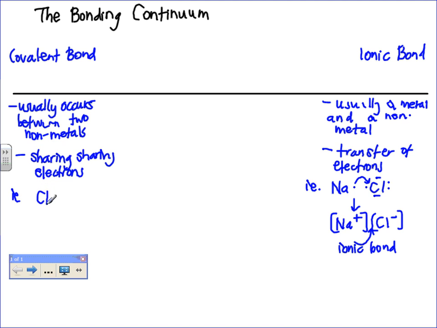If I've got a chlorine atom with its 7 valence electrons, and another chlorine atom with 7 valence electrons, each of them wants one more electron in order to be stable. If one gave the electron to the other one, then it would still not be stable. So rather than transferring electrons here, if the atoms are able to share the electrons and form a covalent bond, they're both going to be stable.